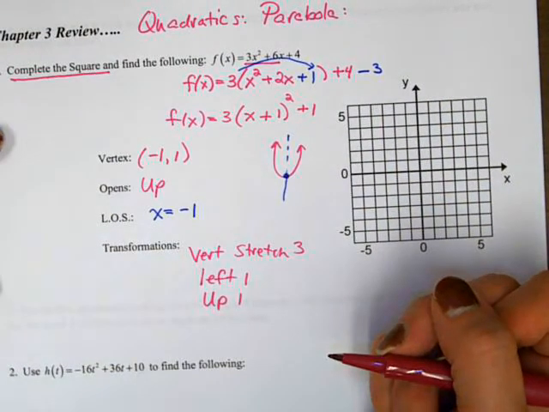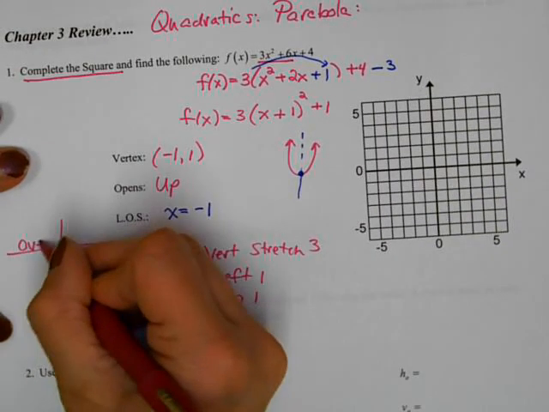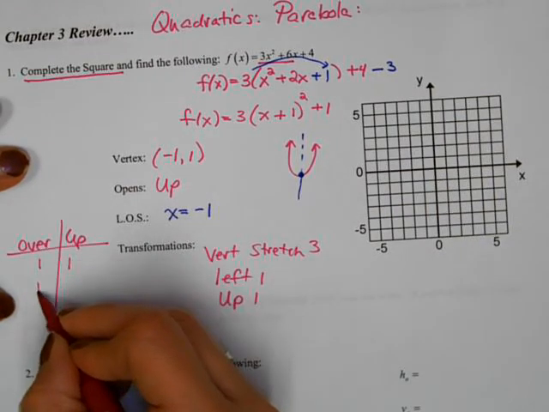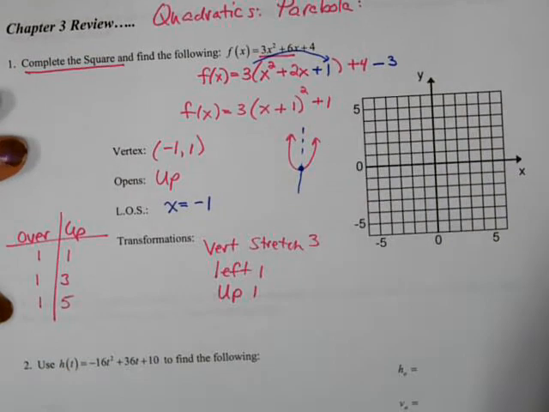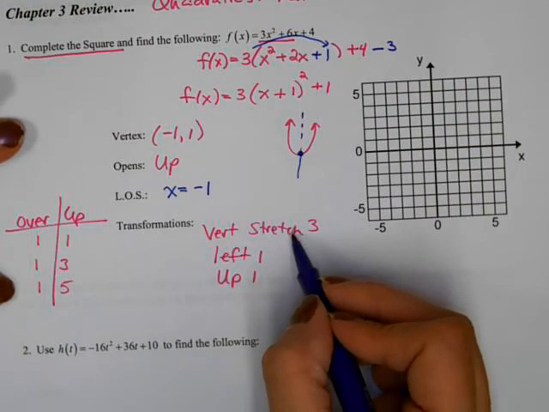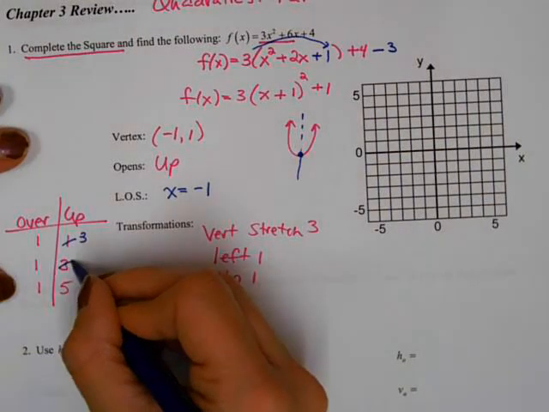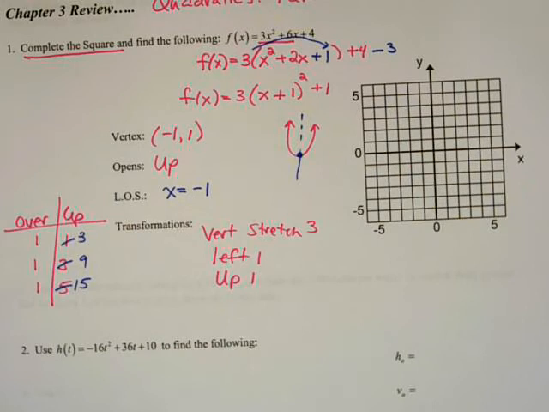What's that basic growth chart for the parabola? Over 1 up 1, over 1 up 3, over 1 up 5. Except we're going to do a vertical stretch of 3, which means the ups all have to get multiplied by 3. Ooh, tall and skinny parabola.